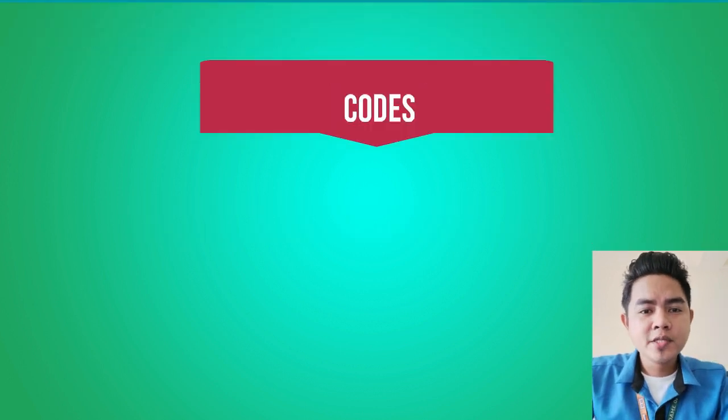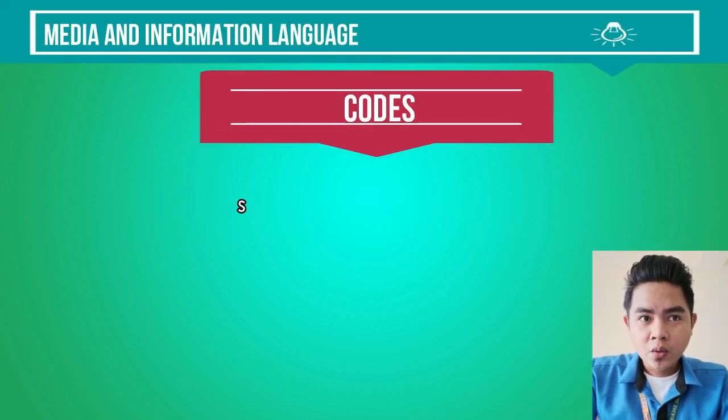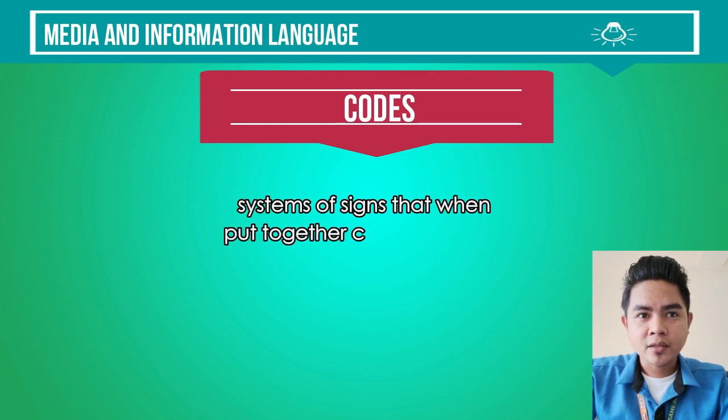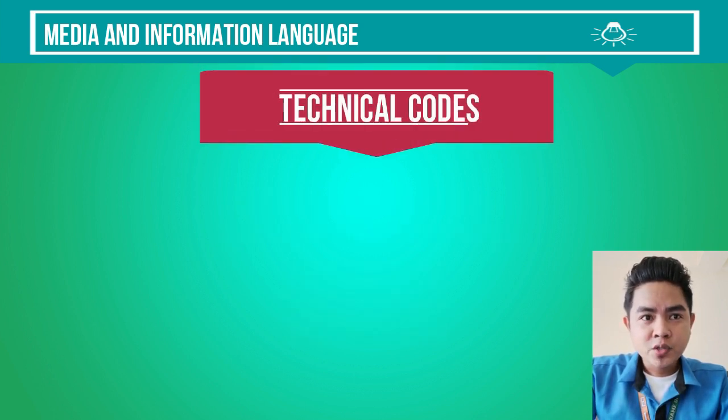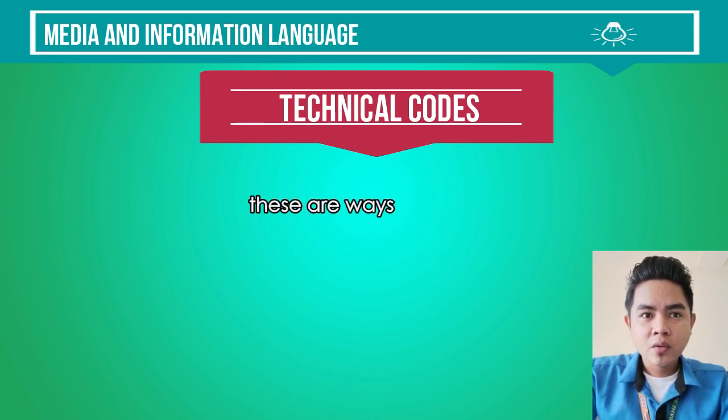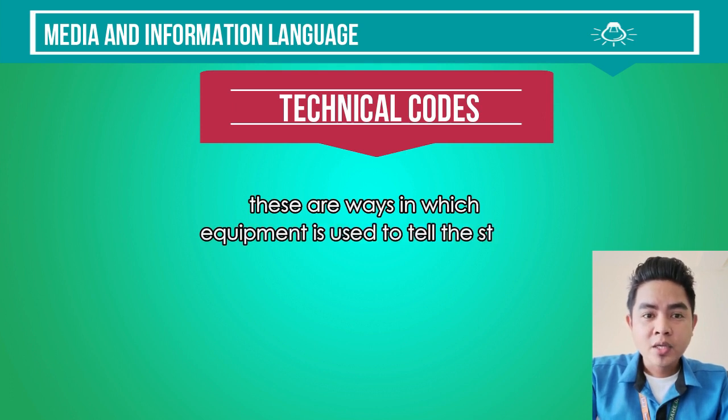Okay, so let's discuss the codes. Codes are systems of signs that when put together create a meaning. We have two types of codes, the technical and symbolic codes. First, we tackle the technical codes. Technical codes are ways in which equipment is used to tell the story.